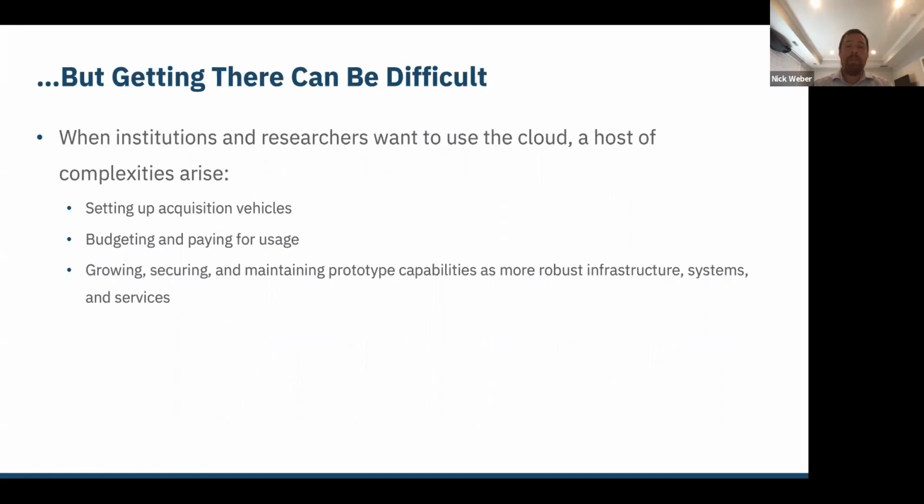How do we turn some sort of prototype into a more robust data science tool or resource or system? So we get these questions all the time, and that's been a driver for a lot of what we've been thinking about for some time at NIH to help lessen the burdens, or the barriers, that are associated with moving to the cloud.